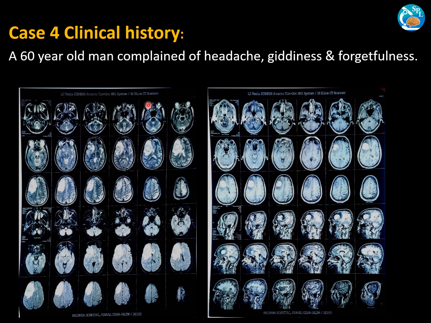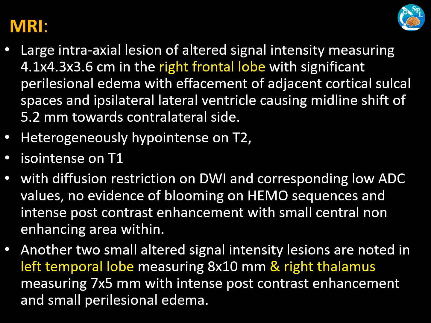Again, this patient had multiple masses, one in the right frontal, right thalamus, left temporal, and the mass was intraaxial with altered intensity and measured almost 4.3 x 4.1 centimeters. Peritumoral edema was present. It was heterogeneously hypointense on T2 and isointense on T1.